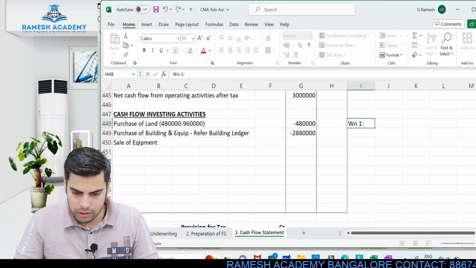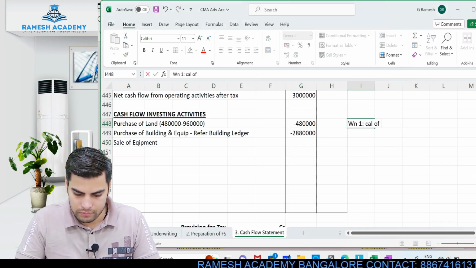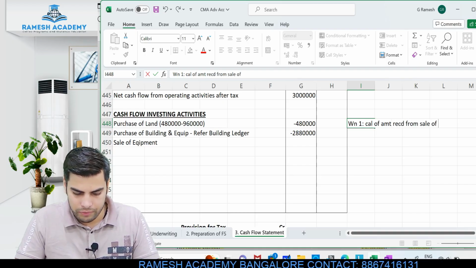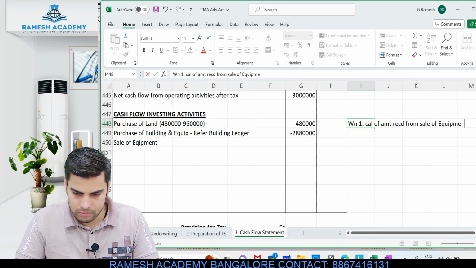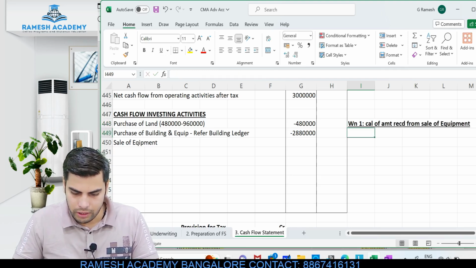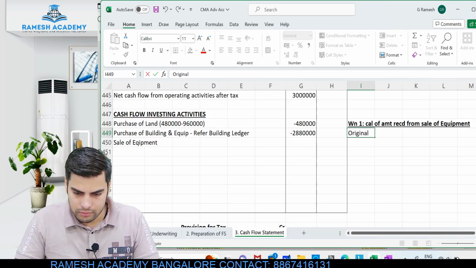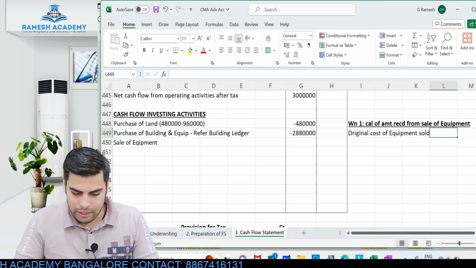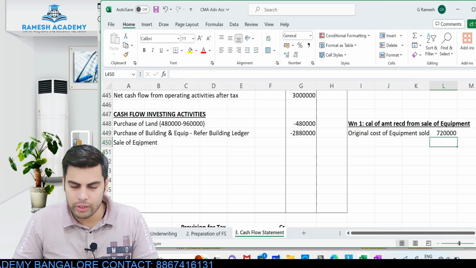Working note number 1, calculation of amount received from sale of equipment. Okay, so original cost of equipment sold was how much? 7,20,000 is what they have told. Okay, they have already told this information. 7,20,000 is the original cost.